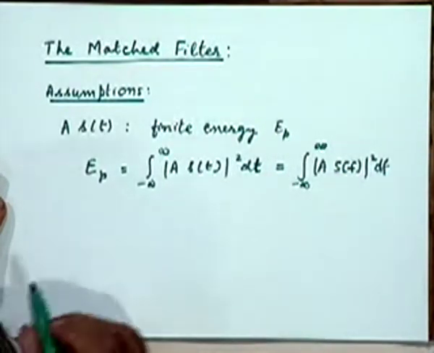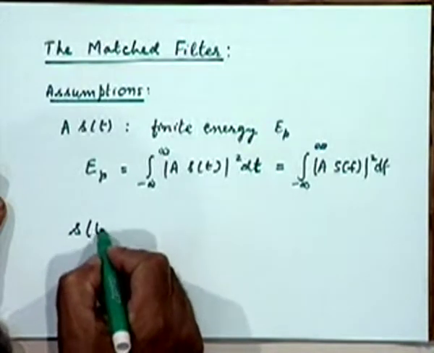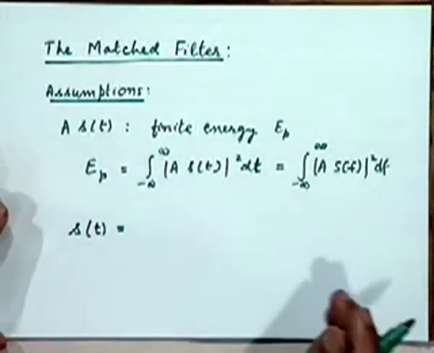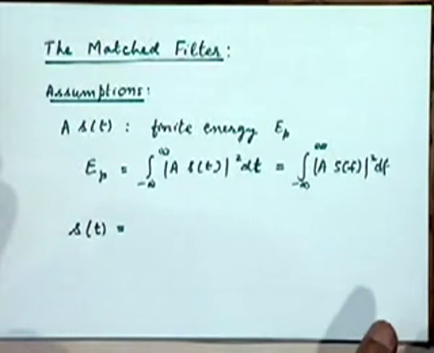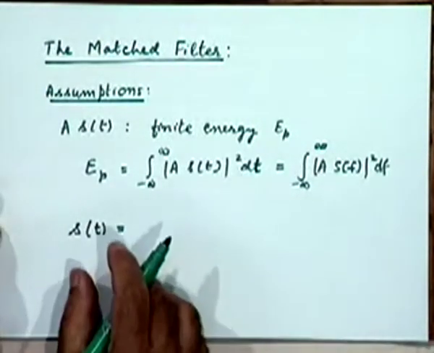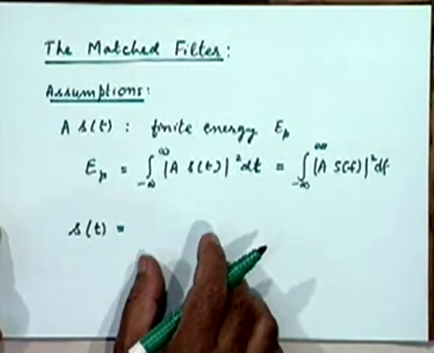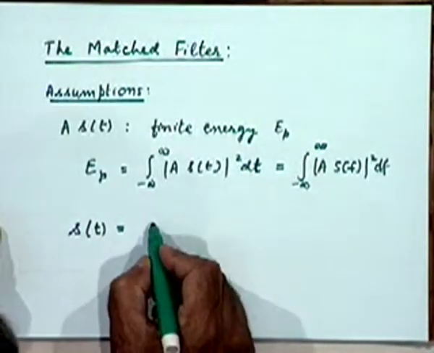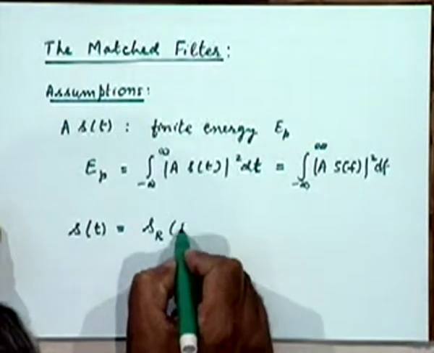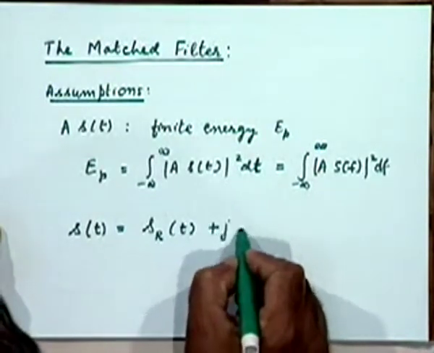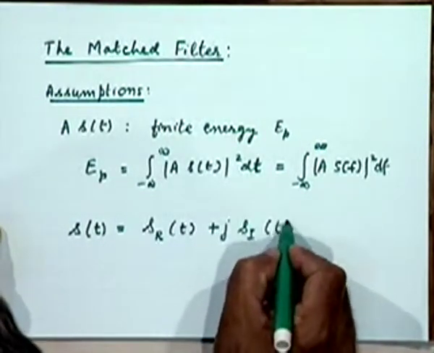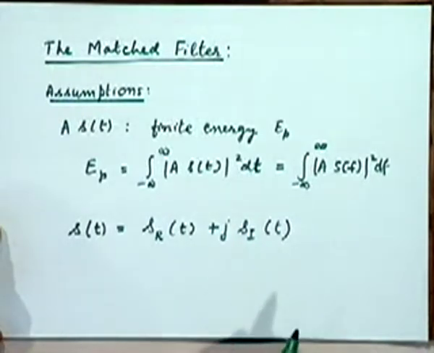In general, because we have seen that we can represent our various kinds of modulation schemes very conveniently using complex notation, in general we will permit this pulse shape to be complex. So it has a real part s sub r and an imaginary part s sub i, because we will be using complex notation.